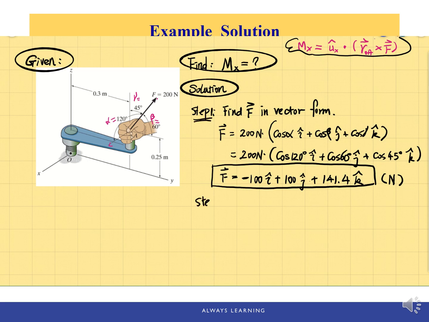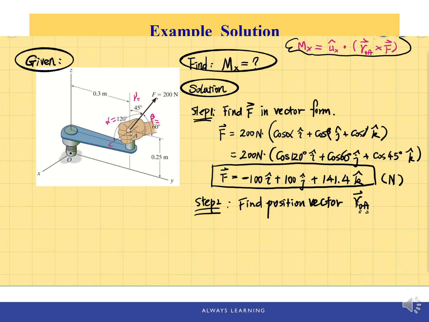Step 2: find the position vector ROA. O is any point on the axis, and A is any point on the line of action of this force. Based on the geometry given here, we can find this r OA immediately.